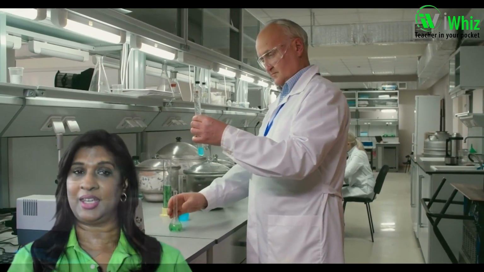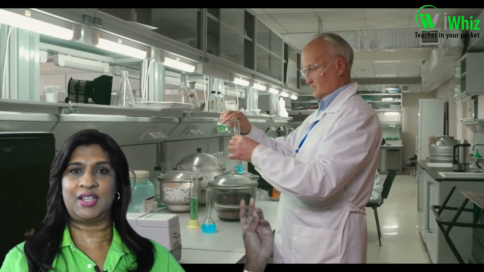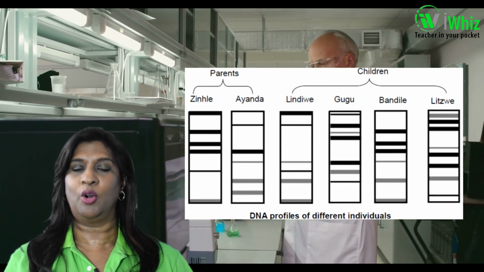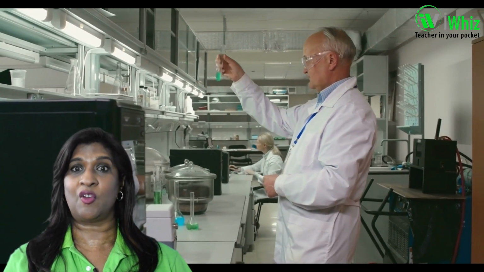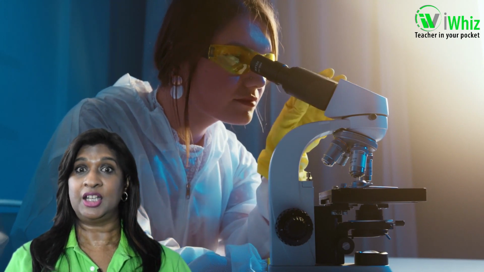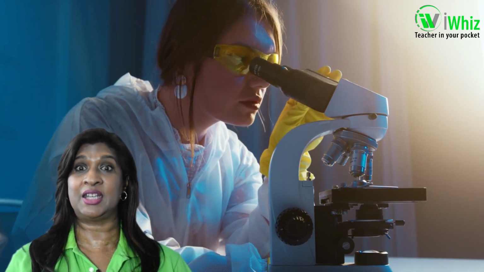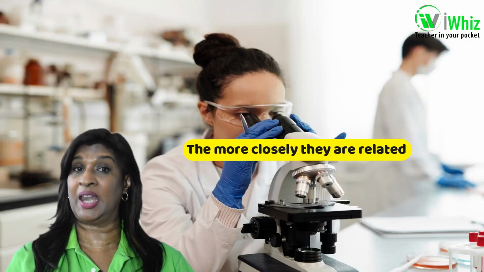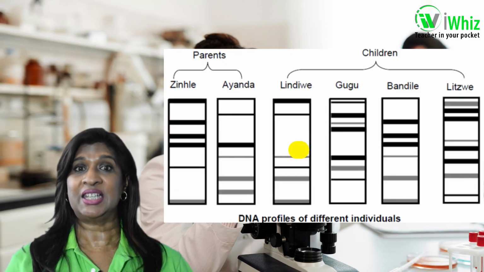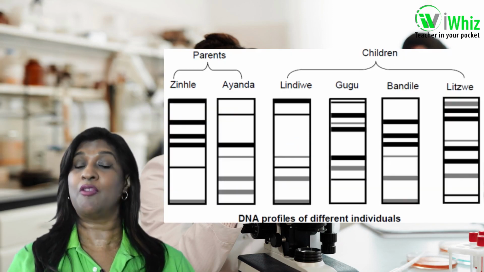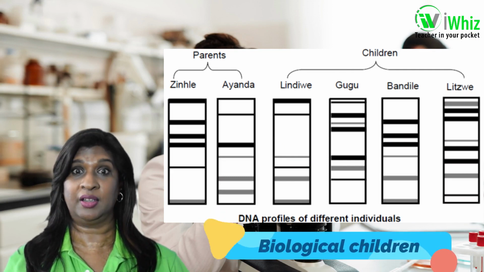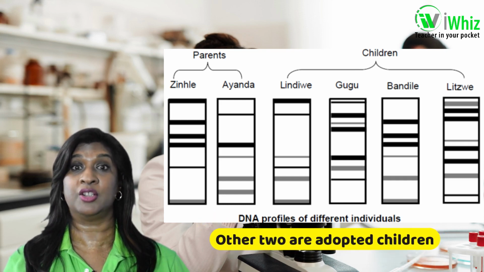Right, students, let's look at the next question 3. We have a diagram showing you DNA profiles again. The diagram below shows the DNA profiles of 6 members of a family. The greater the similarity in the position of the bands in the DNA profiles of different individuals, the more closely they are related. The parents, Zinhle and Ayanda, have 4 children. 2 of the children are their biological offspring, and the other 2 children are adopted.